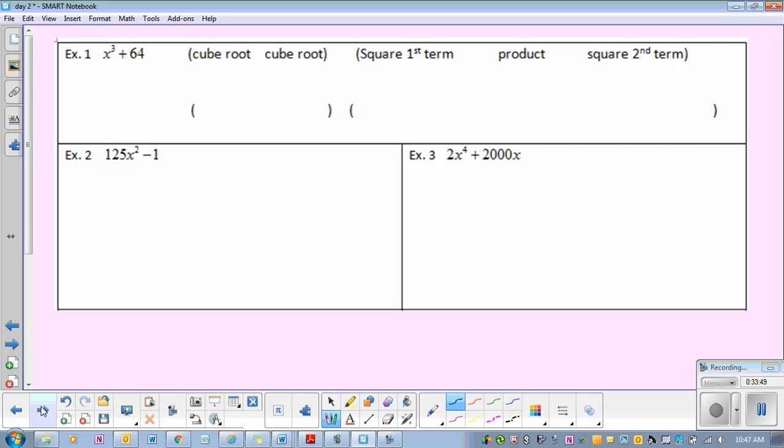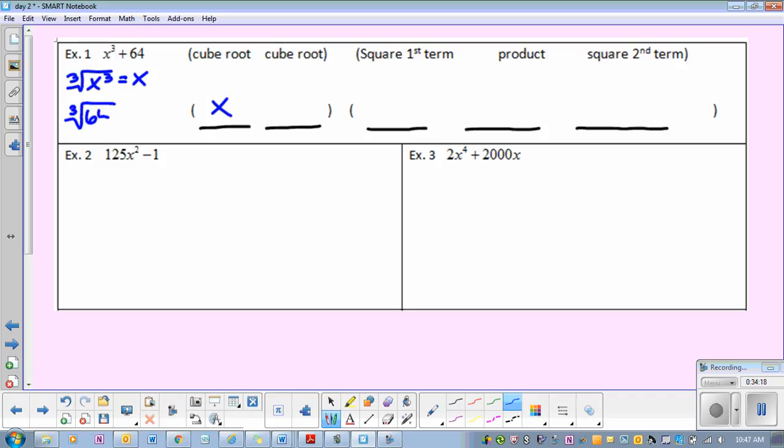Example 1 says x cubed plus 64. We can write out our 2 and the 3. What's the cube root of x cubed? X. Good, so that goes in the first one. What's the cube root of 64? It's on that little cheat sheet. 4. Thank you. All right, so we have our small parentheses.